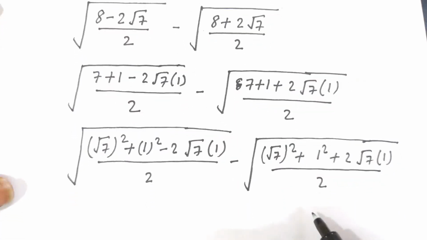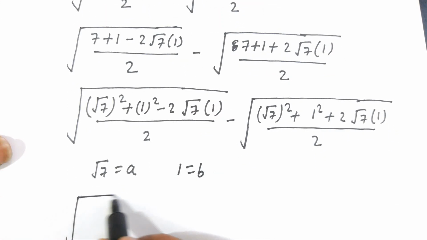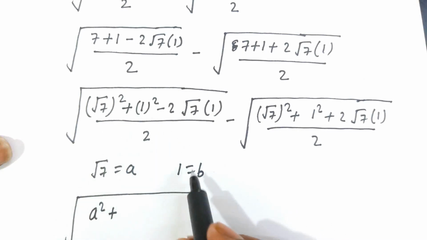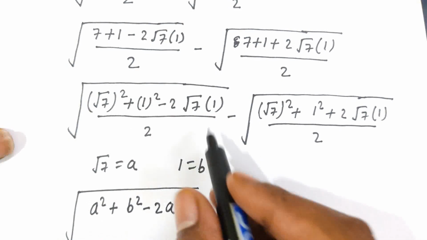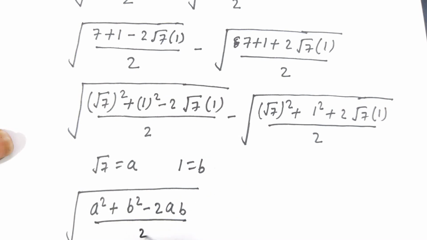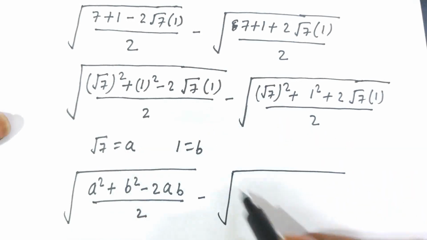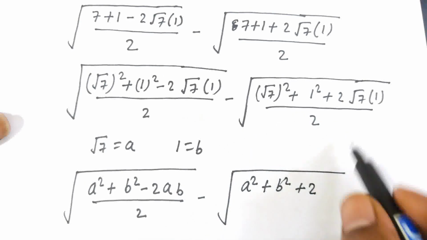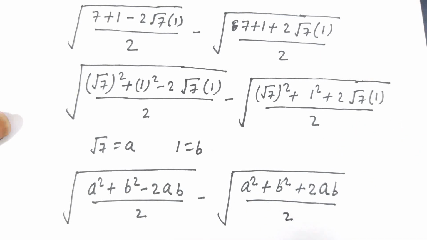Now here square root of 7 is replaced by a and 1 is replaced by b. Then square root of 7 is replaced by a, a square plus 1 is replaced by b square, minus 2 times square root of 7 is replaced by a and 1 is replaced by b, and divide by 2, minus square root of 7 is replaced by a square plus 1 is replaced by b square plus 2 times a and b, and divide by 2.